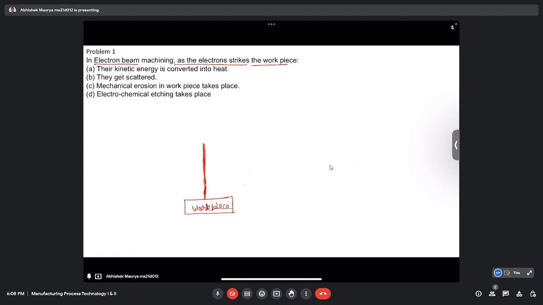All this complete setup is kept in a vacuum chamber. So this is totally vacuum. Here we have very high vacuum.